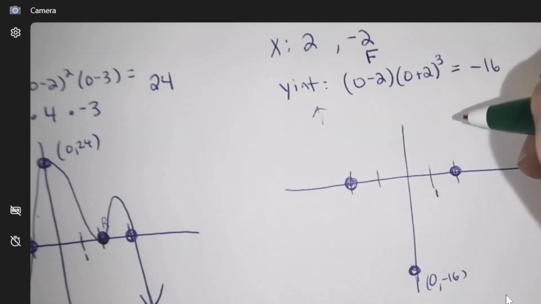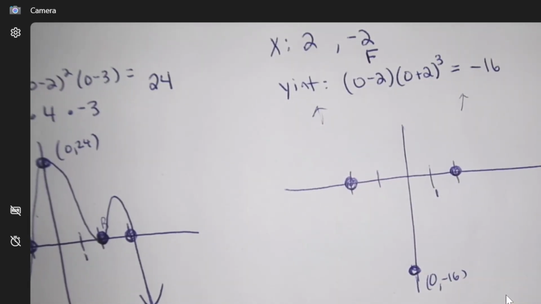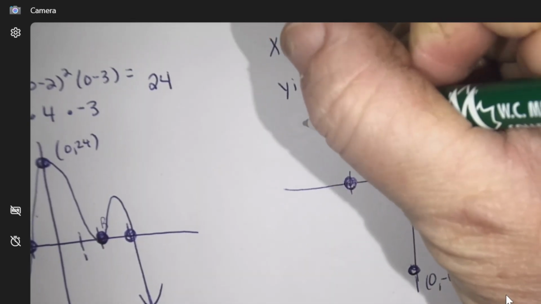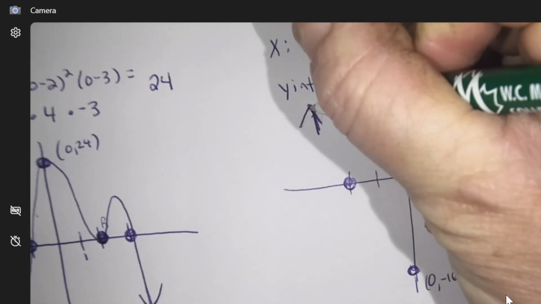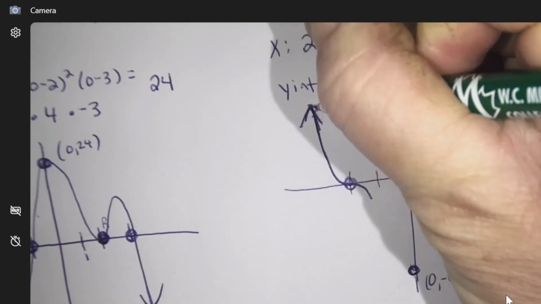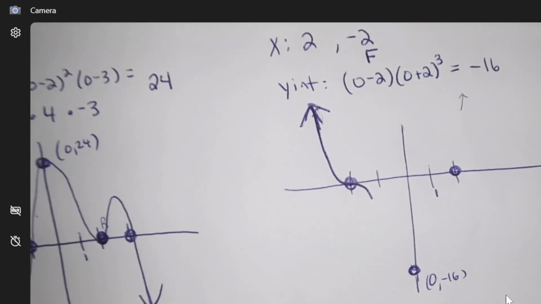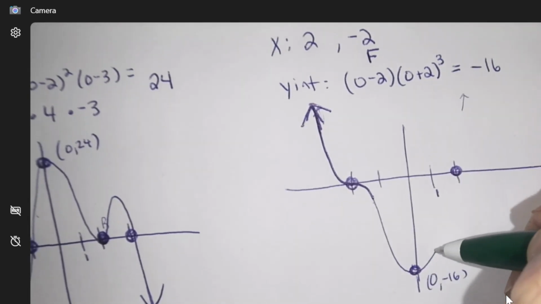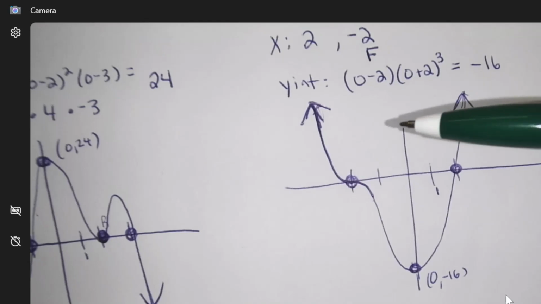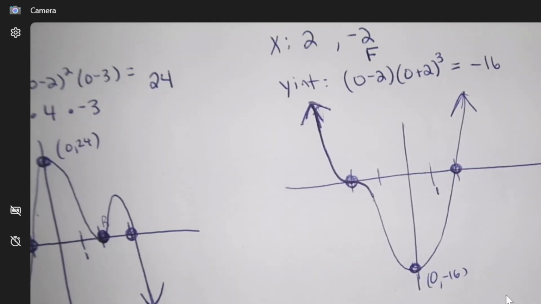I'm just going to make a note to myself here lightly that I have to end up going up, up. Okay, so we said we were going to flatten through this one. So then I would need to do a pattern like that. That's a flatten. Go through the y-intercept, go through the other x-intercept. So my arrows have to both end up, and I have to flatten through that one.